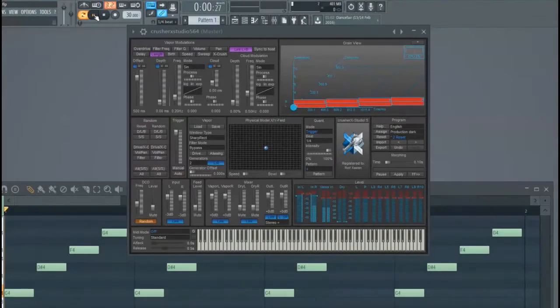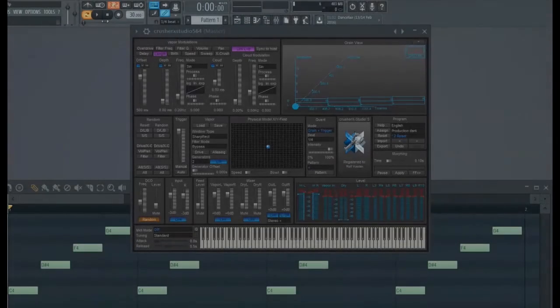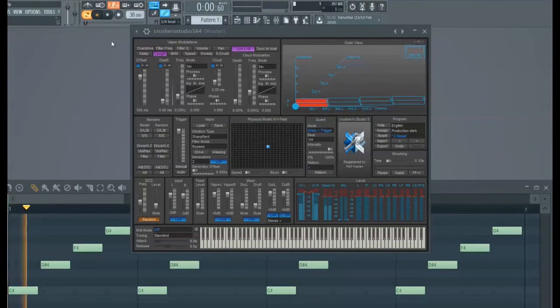And the same in trigger mode. And in GRAIN+TRIGGER mode.